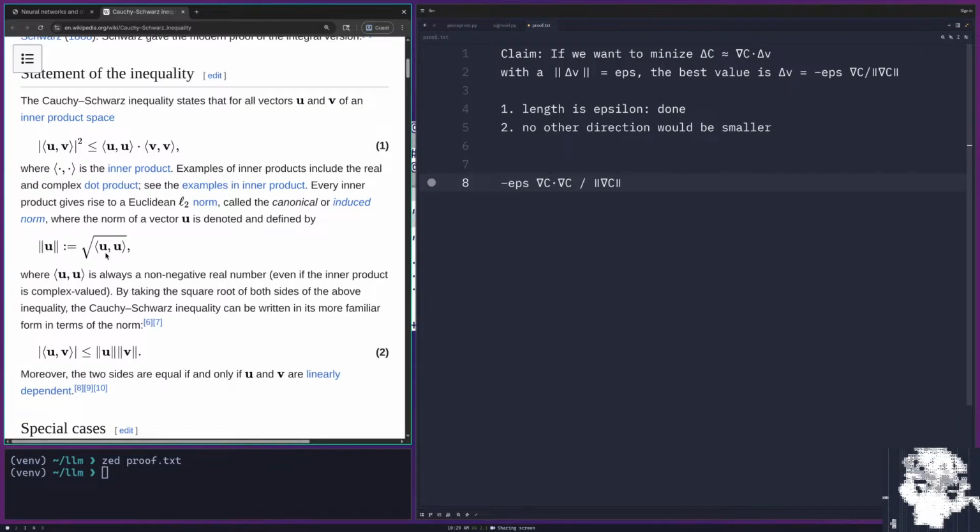Grad C is equal to this, which means if you took the square on the other side, you would say U squared is equal to U dot U. So this is the same as this squared. And then two of them cancel out and you end up with this. So the amount we moved was negative epsilon times the length of grad C.